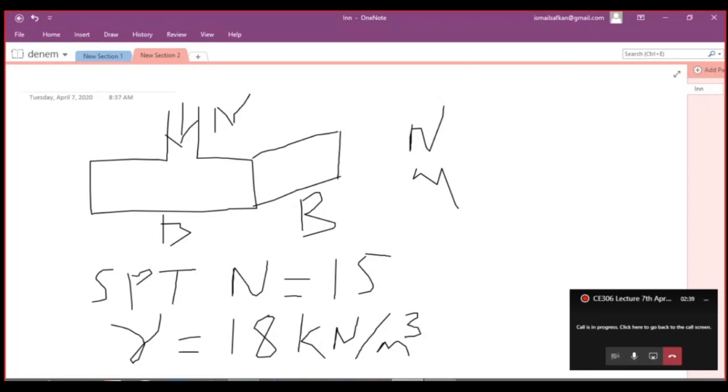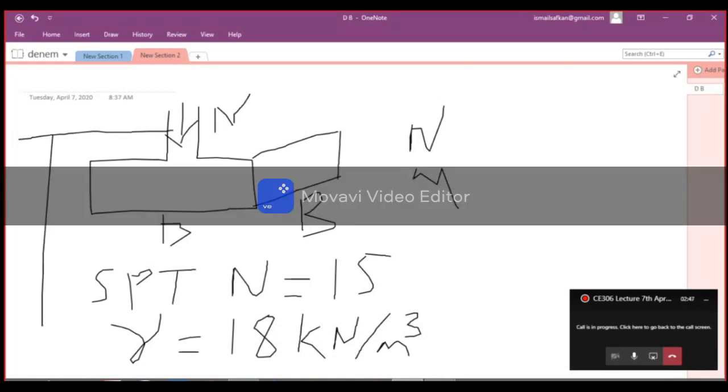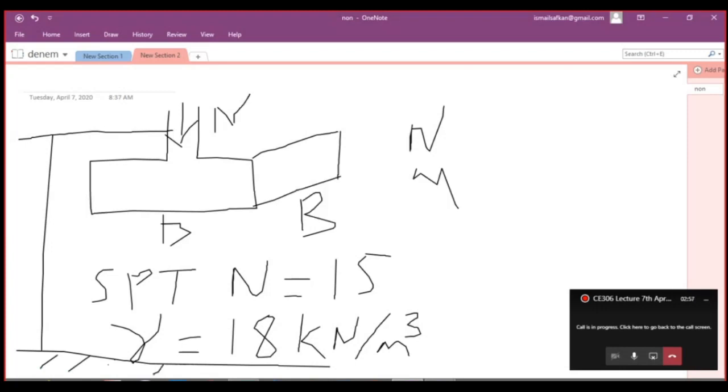And let's assume the foundation is embedded. This is gonna be sand.